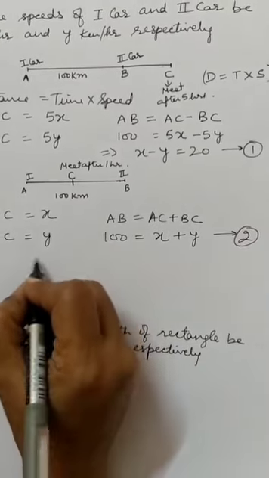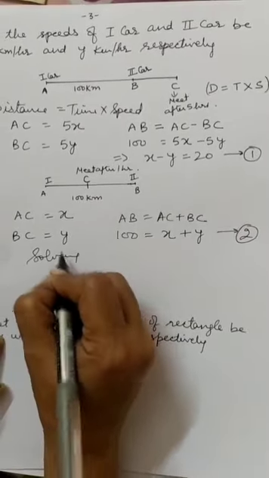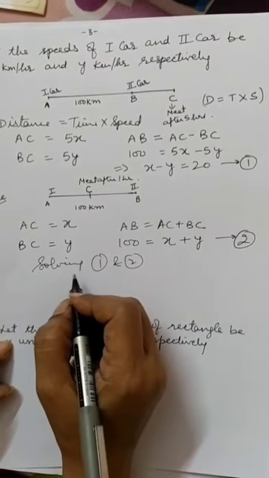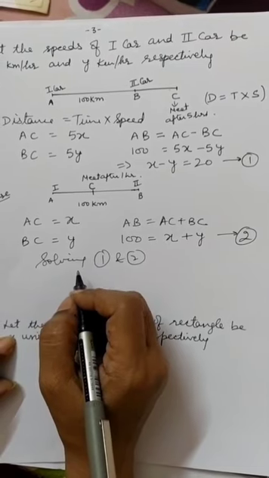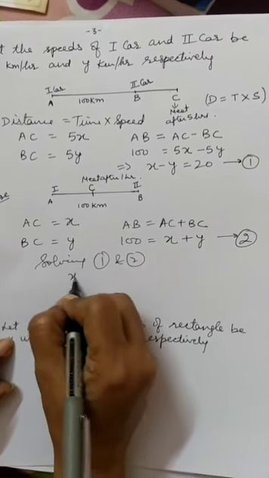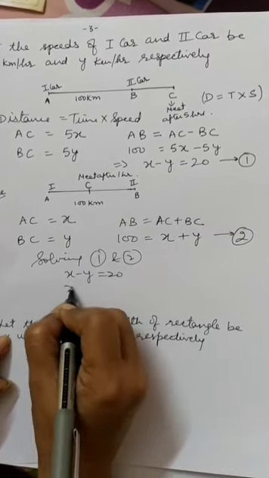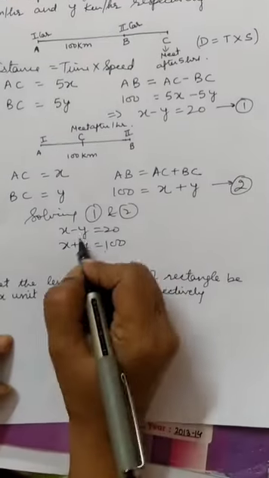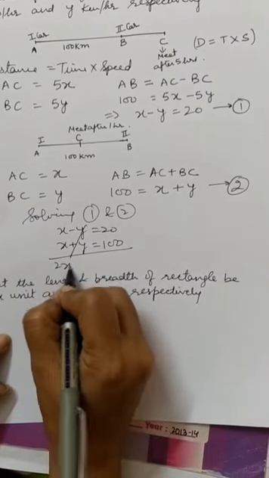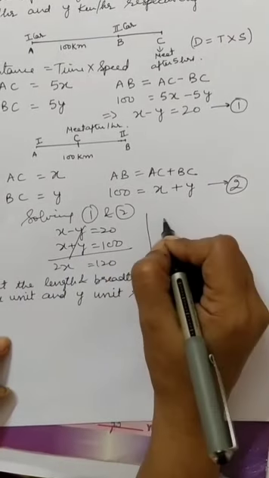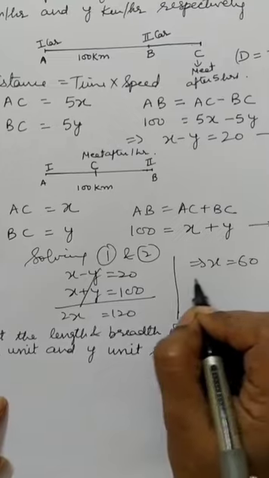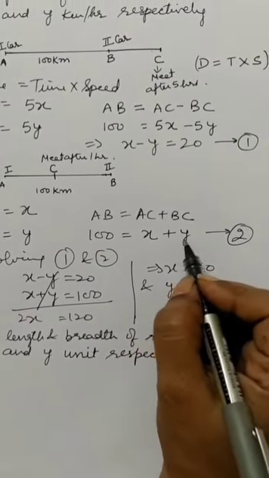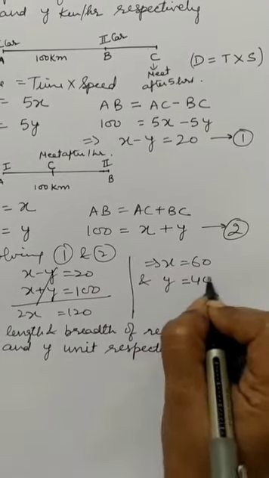You can see, solving equations 1 and 2, because here the coefficients are the same for both x and y, we can use the elimination method. x minus y is 20, x plus y is 100. Eliminate y first. 2x is 120, which gives us that x is 60, and because x is 60, if we put it here, y will be 40.